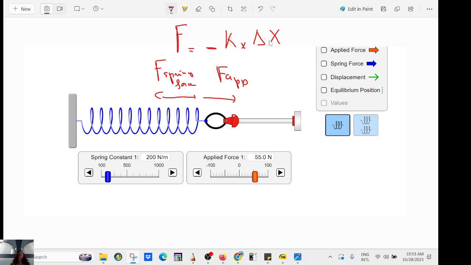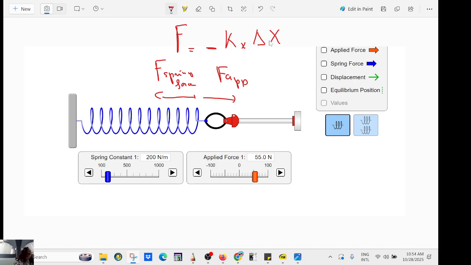More deformation, more stress. If you have a resistance band, you already know that. If I pull a little bit, it's not going to be hard. If I pull twice as much, the restoring force will be twice as much. So if I multiply the stretch by 2, the restoring force is multiplied by 2.